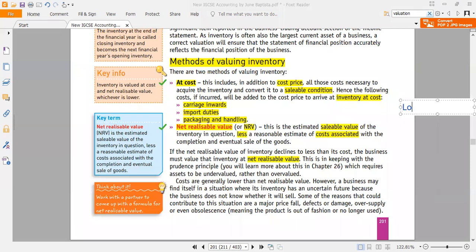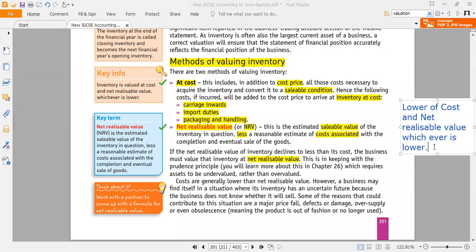That is called lower of cost and net realizable value, whichever is lower.